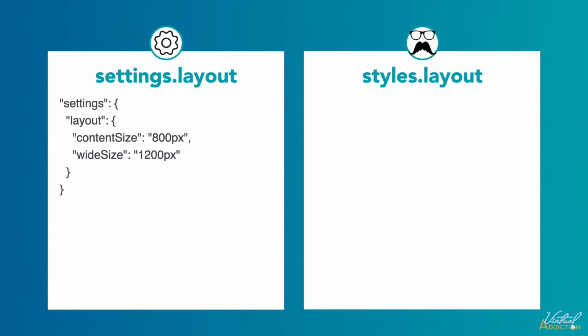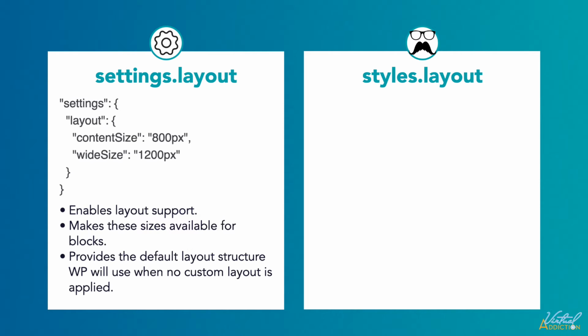It basically tells WordPress what layout features are available to use, and it makes them available in the site editor. The purpose is it enables layout support. It makes these sizes available for blocks like group, cover, etc. And it provides the default layout structure that WordPress is going to use when no custom layout is applied.